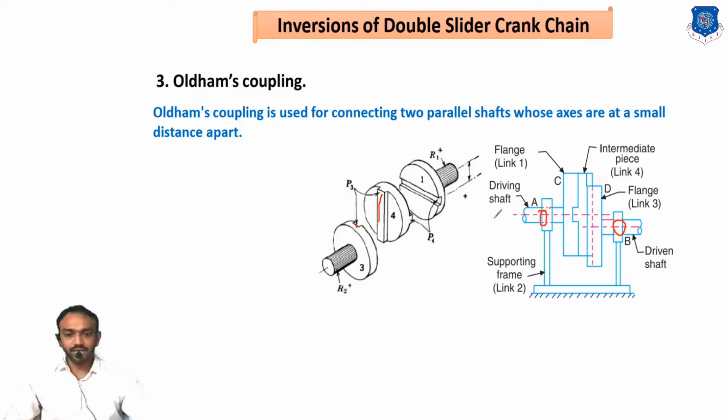That's how two sliding pairs are generated, between 3 and 4 and between 4 and 1. Shaft number 1 with the frame gives the second turning pair, and the frame and the second half of the flange give the other turning pair. So that's how we completed all the inversions of the double slider crank chain mechanism.